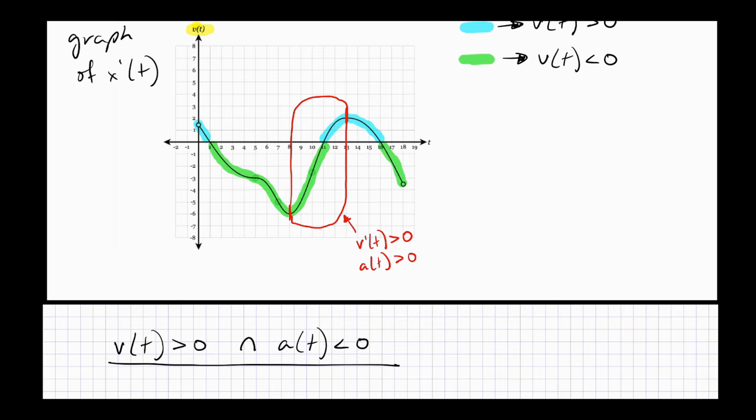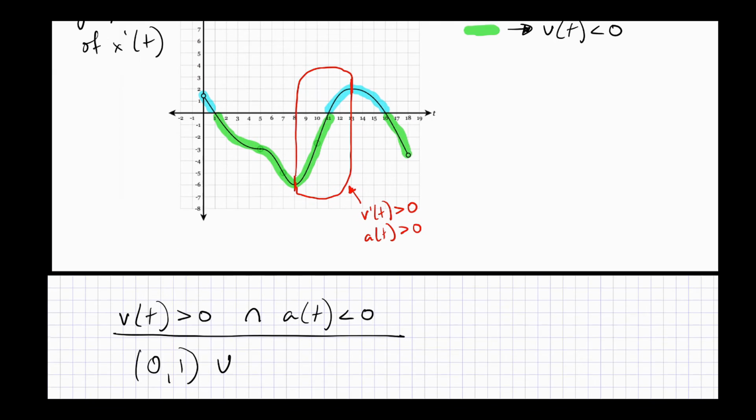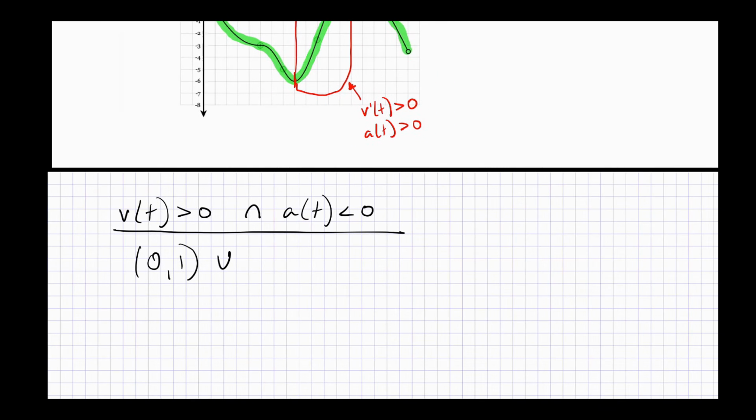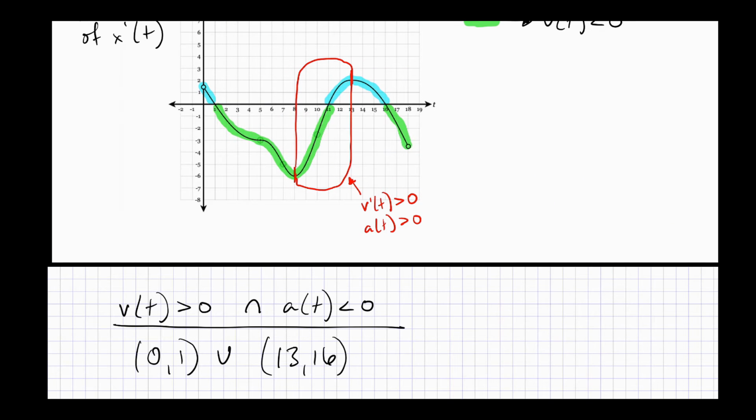Well, 0 to 1 is one of them, and then the other one I think is from 13 to 16, that's outside. So velocity is positive there, it's in blue, and acceleration is negative. It means it's decreasing, right? So those are two where speed is going to be decreasing.